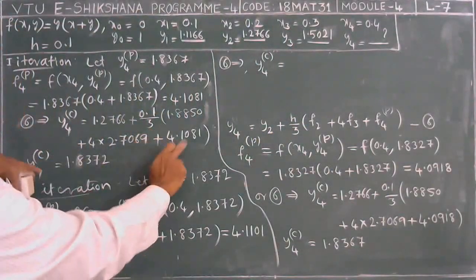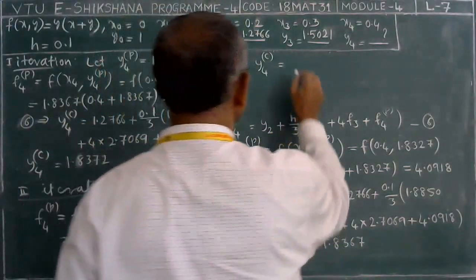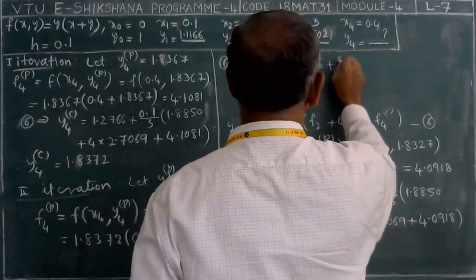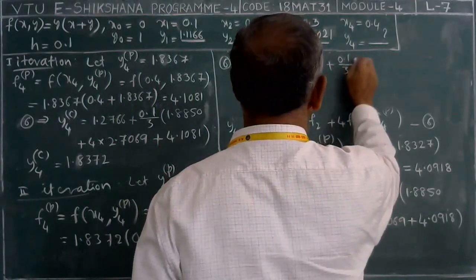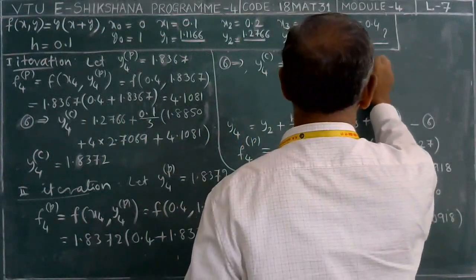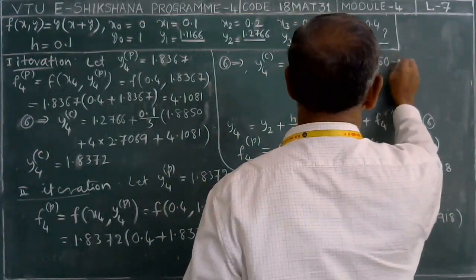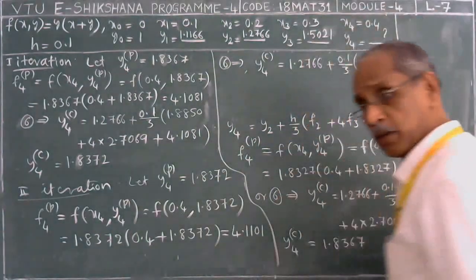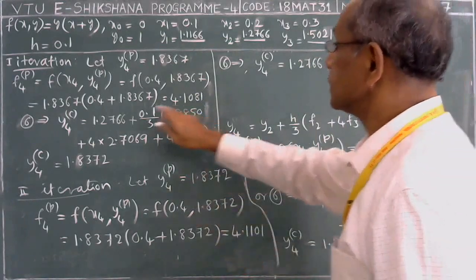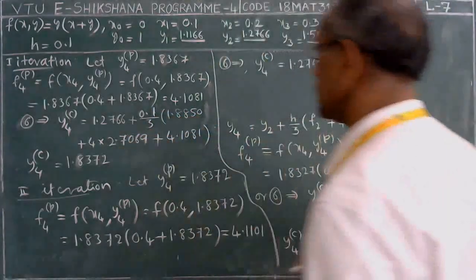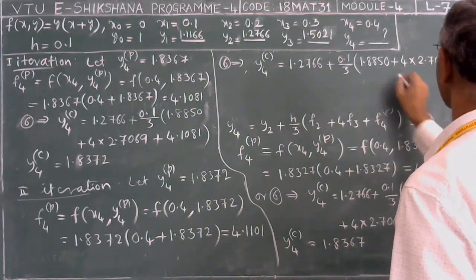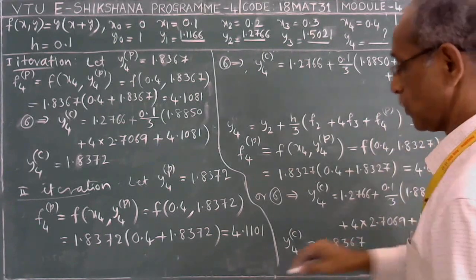Only this value will change. 1.2766 plus 0.1 divided by 3 into 1.8850 plus 4 into F3, F3 is this, 2.7069, plus F4.